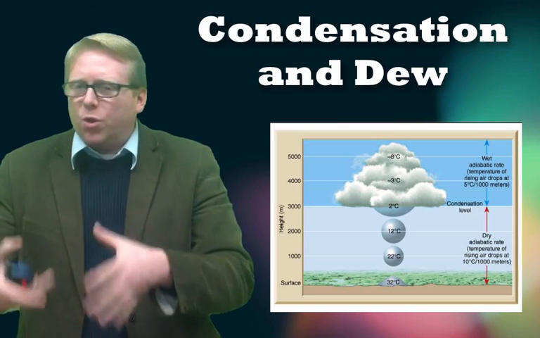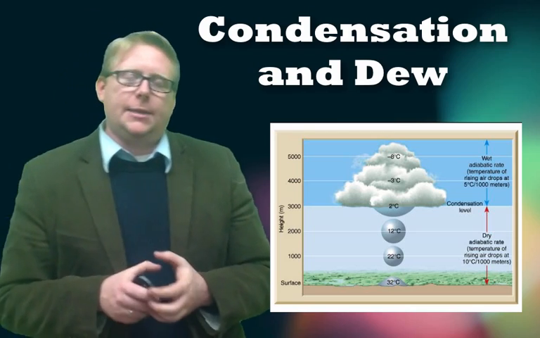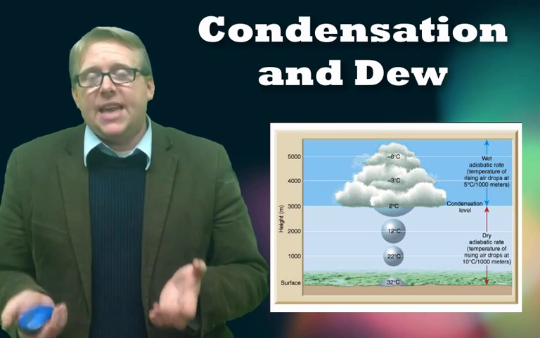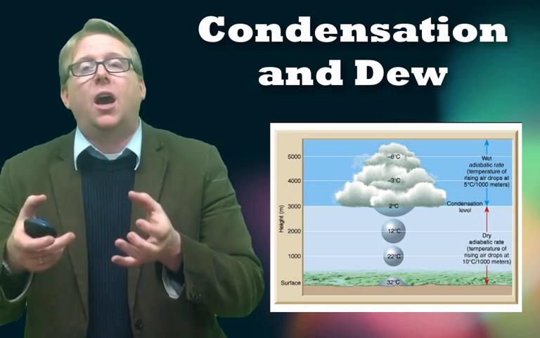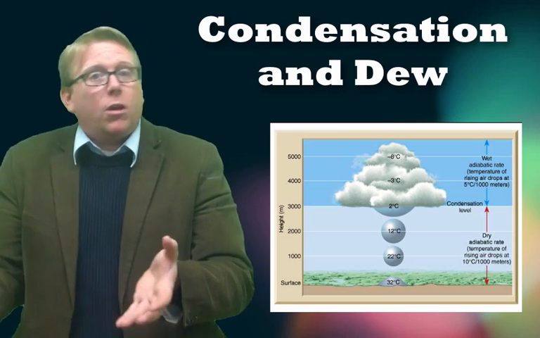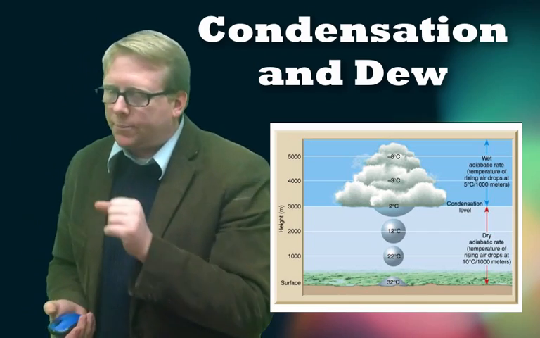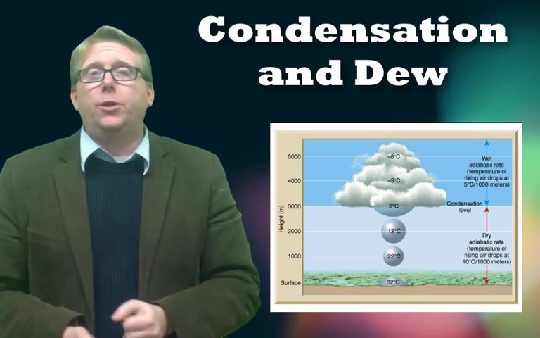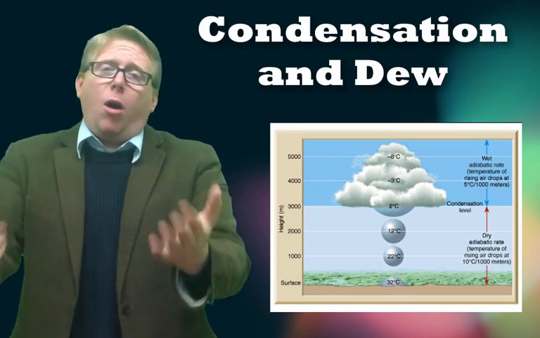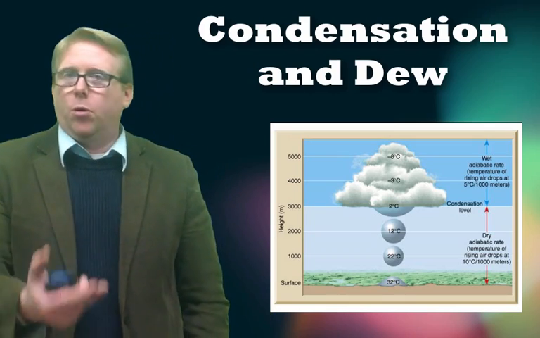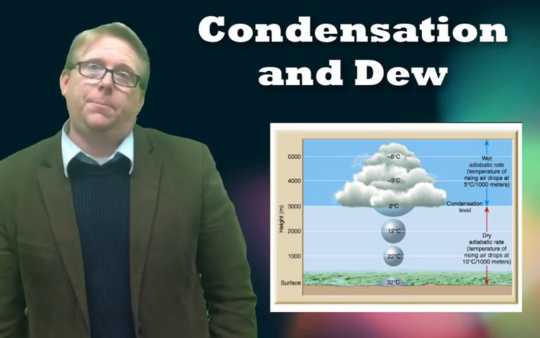So that piece of air with all the water is going to start to condense. When it condenses, it forms a cloud. A cloud is just air at the dew point. So you can look up and see where the clouds are, and you know, oh, that air is sitting at the dew point or above it because we have a cloud.